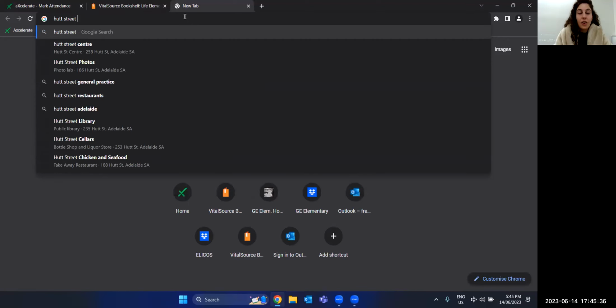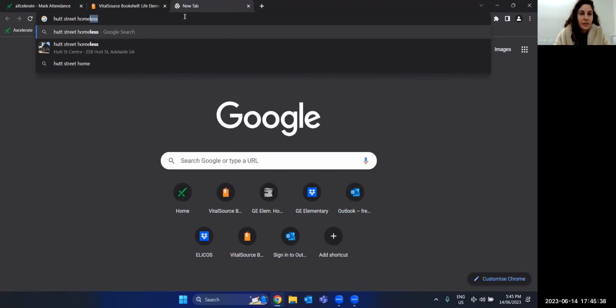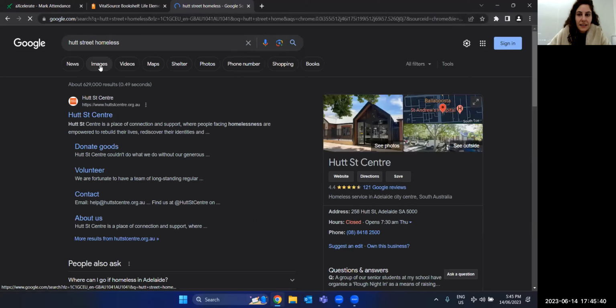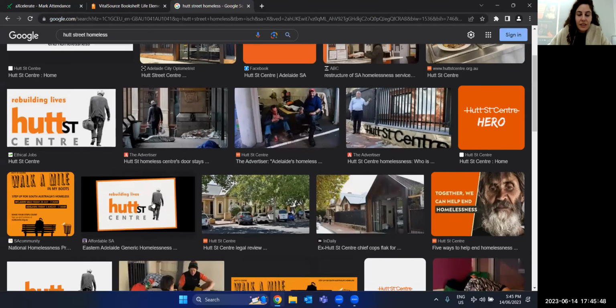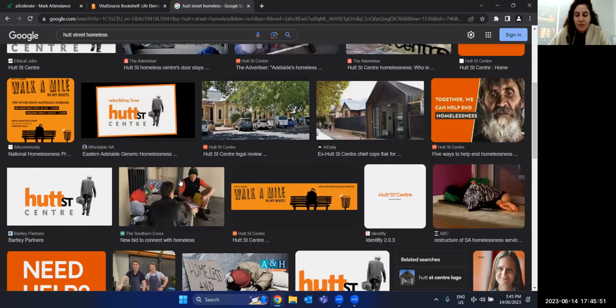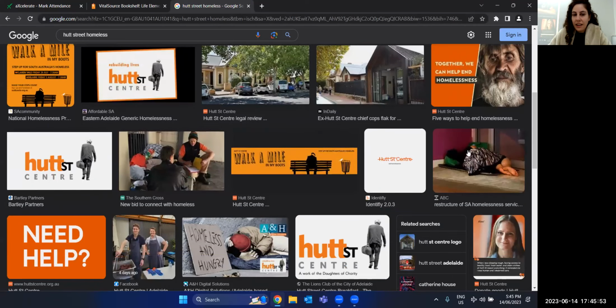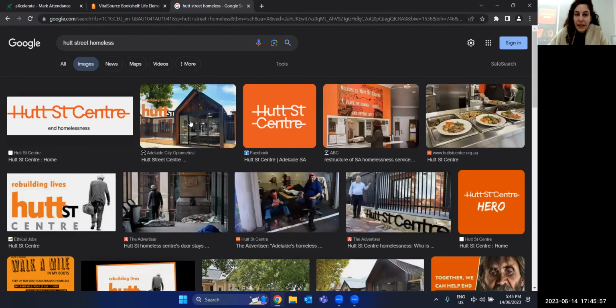in the homeless people. So there's a place called the Hutt Street Centre. This is a place where people that don't have homes, when something's just going wrong in their life, homeless and hungry, can come. So you can come and work here for free.